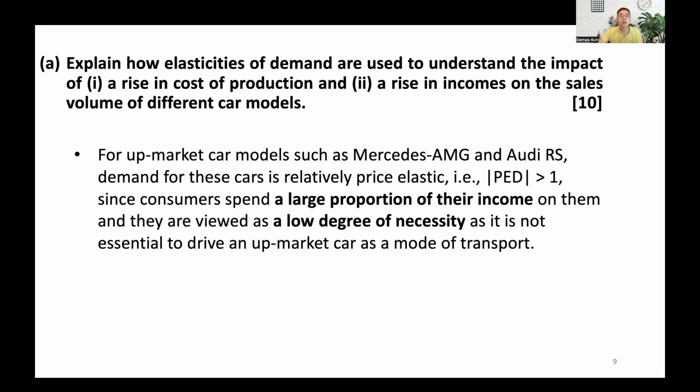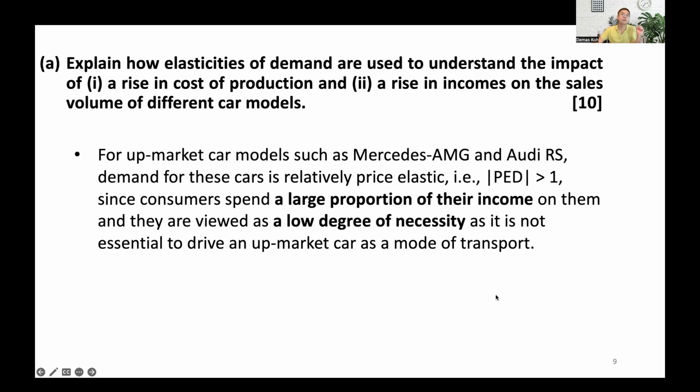So for upmarket car models such as Mercedes, AMG, and Audi RS, the demand for these cars is relatively price elastic. So the magnitude is likely going to be higher than 1 because consumers spend a large proportion of their income on them. So that's one determinant.